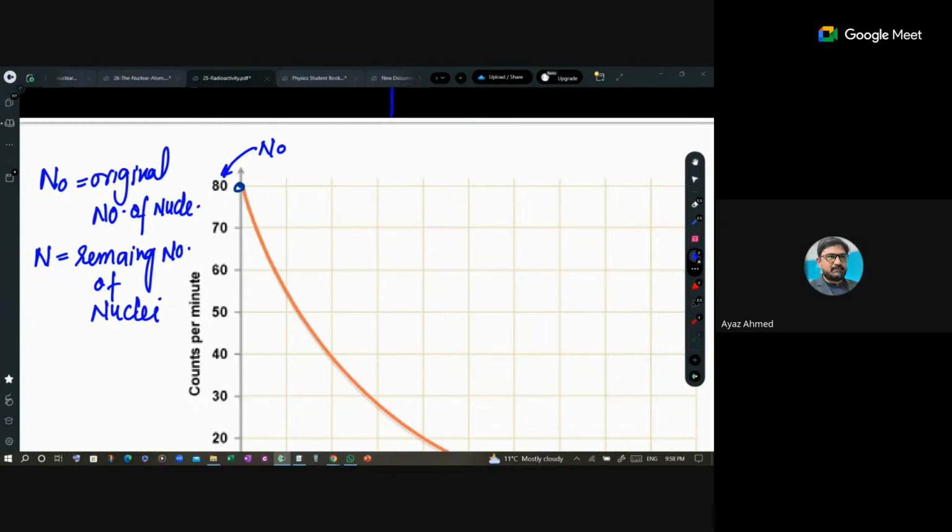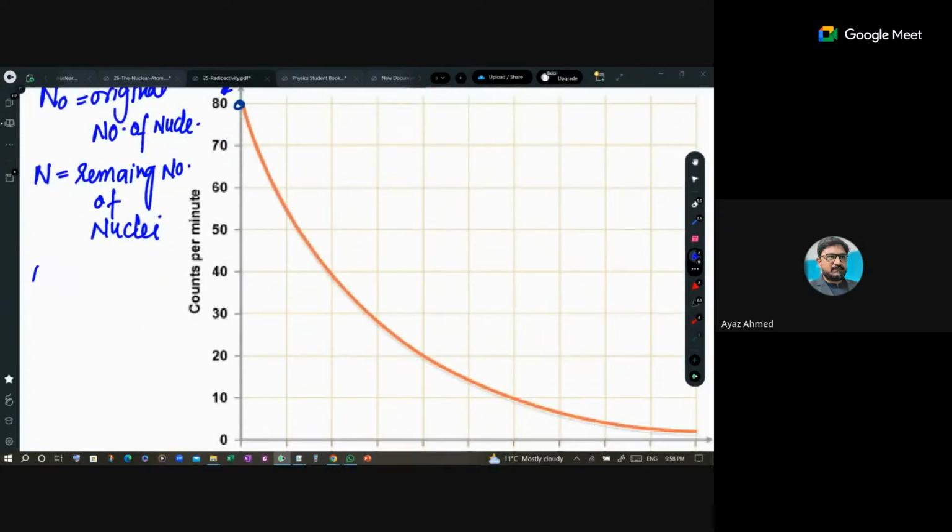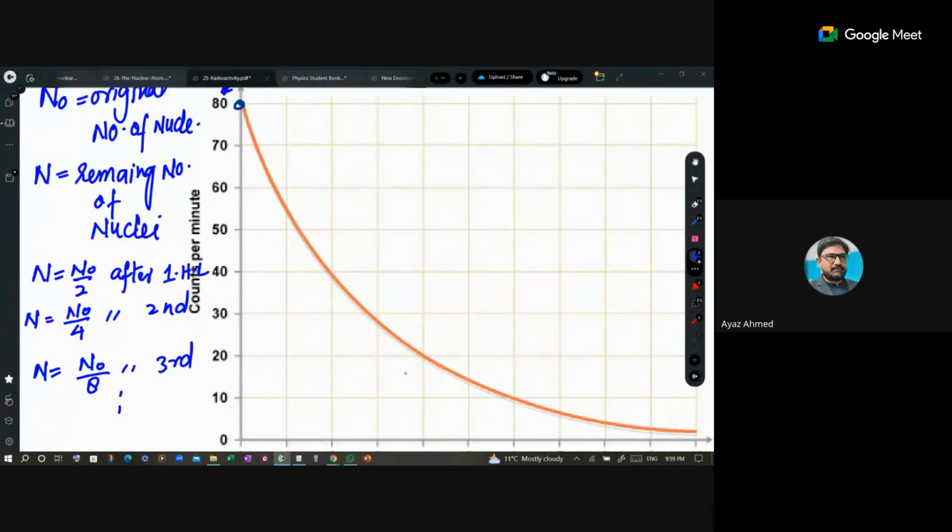So if I say that n will be n naught divided by 2 after first half life, n will be n naught divided by 4 after second half life, n will be n naught divided by 8 after third half life, and so on.